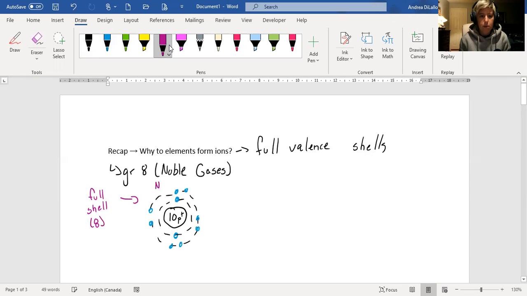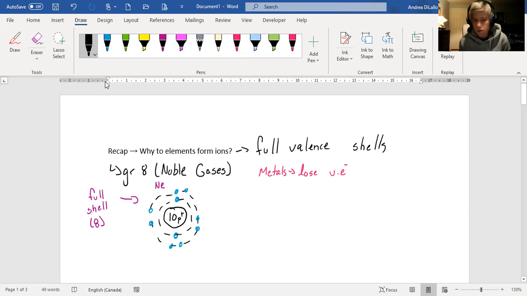So we have an example here. This is neon. We also need to remember that metals will lose electrons to get a full last shell. So metals will lose valence electrons. So let's look at an example of sodium.